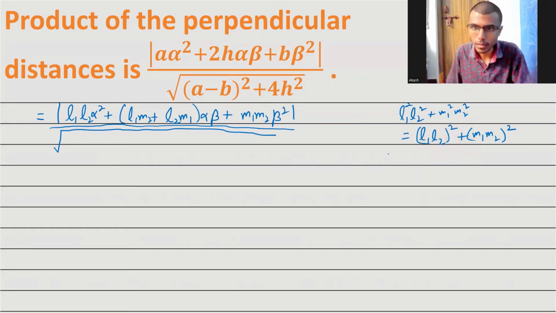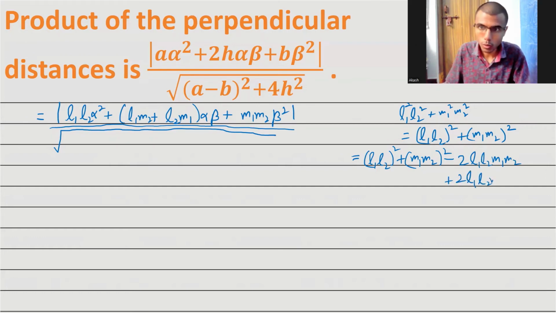Minus 2ab is missing. So for that, I'm going to add and subtract the 2ab term. What would be the term? 2 L1 L2 M1 M2. I'm going to just add that and subtract that. L1 L2 whole square plus M1 M2 whole square minus 2 L1 L2 M1 M2, and then plus 2 L1 L2 M1 M2.